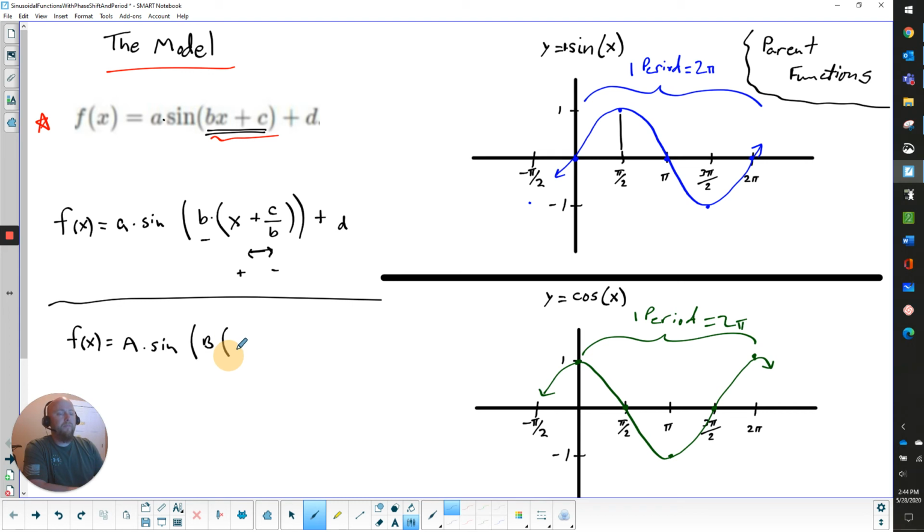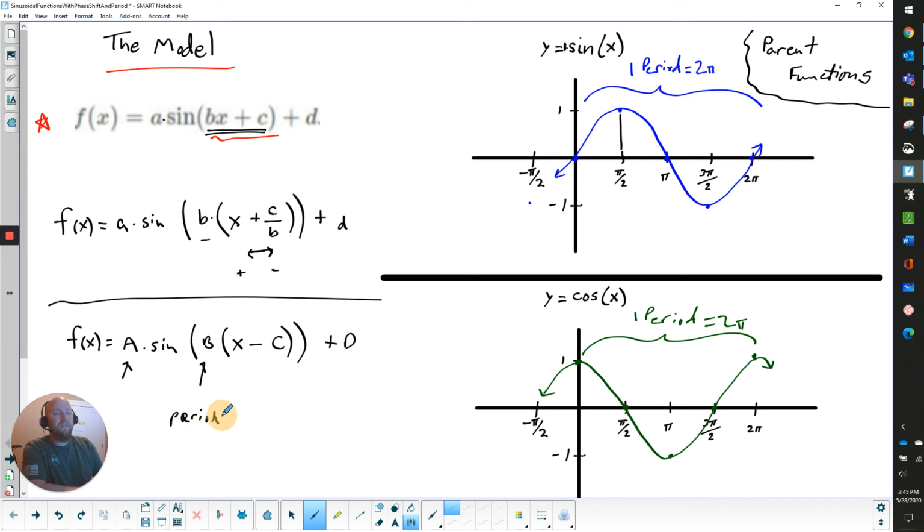They both have the same period and kind of features going on. Now, I'm not going to go to the trouble of writing C over B in this model. If we were in person in the classroom, and I guess I can say it now too, you've got your amplitude, you've got your B value, and we'll talk more about this in the example I do here in a minute.